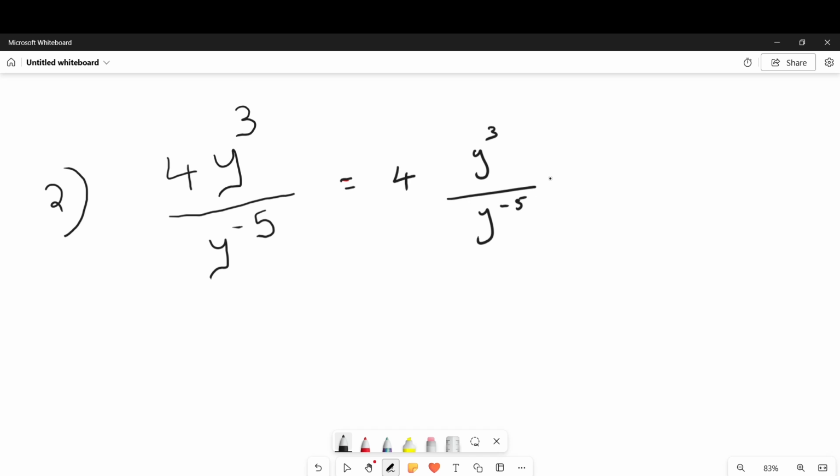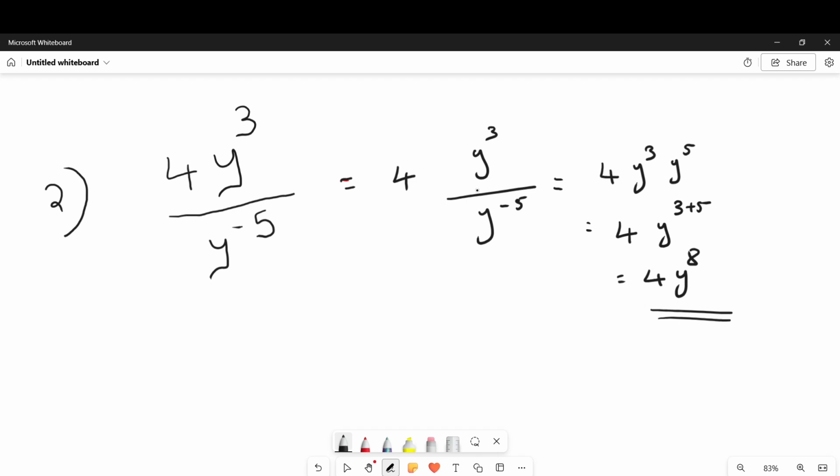My favorite way is, I just move the negative exponent in the denominator to the numerator. Y cube times y raised to 5. So we can apply the product rule here. So 4 y raised to 3 plus 5 is equal to 4 y raised to 8. Very easy. This is how we simplify this.